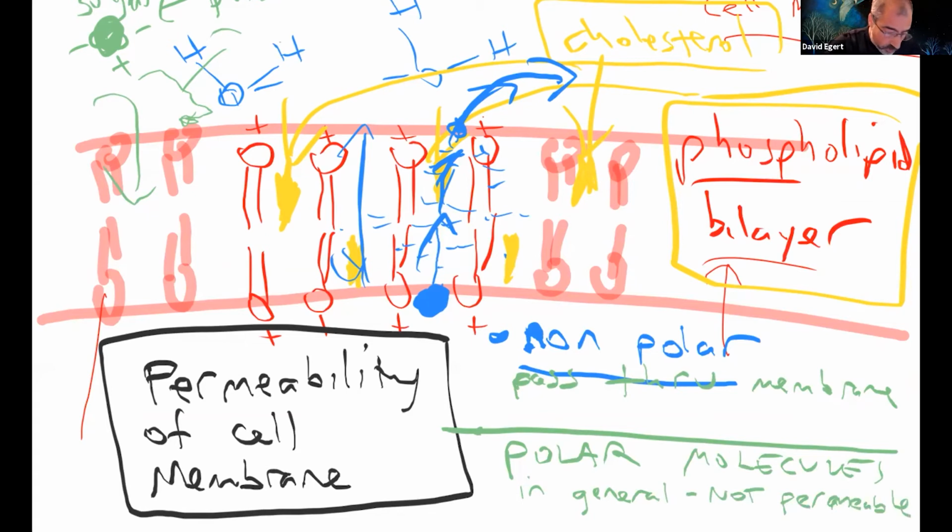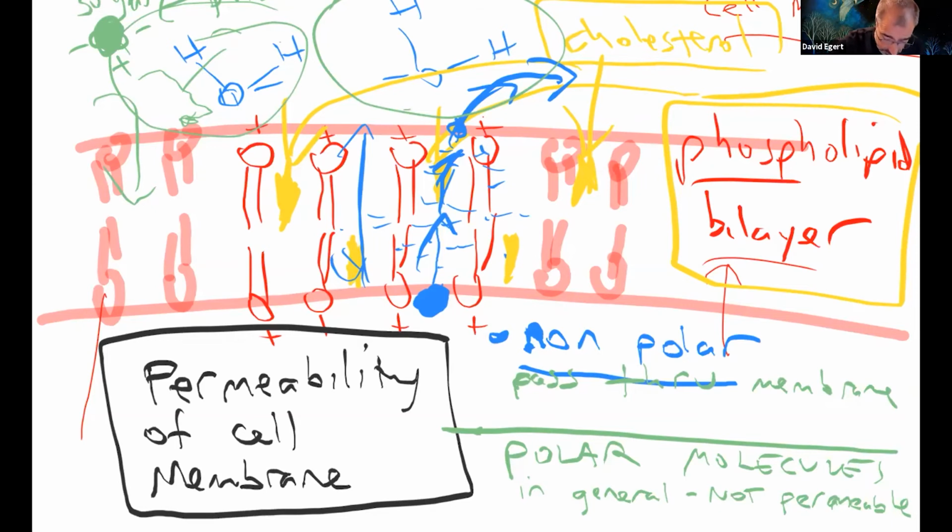Because if you're polar, you're going to want to stay in your polar milieu, do your electrostatic attraction dance with the other water molecules and stuff. So if you're on one side of the membrane or the other side of the membrane, you're going to keep staying on that side because that's where all the attraction is, keeping you pulled and stayed there.